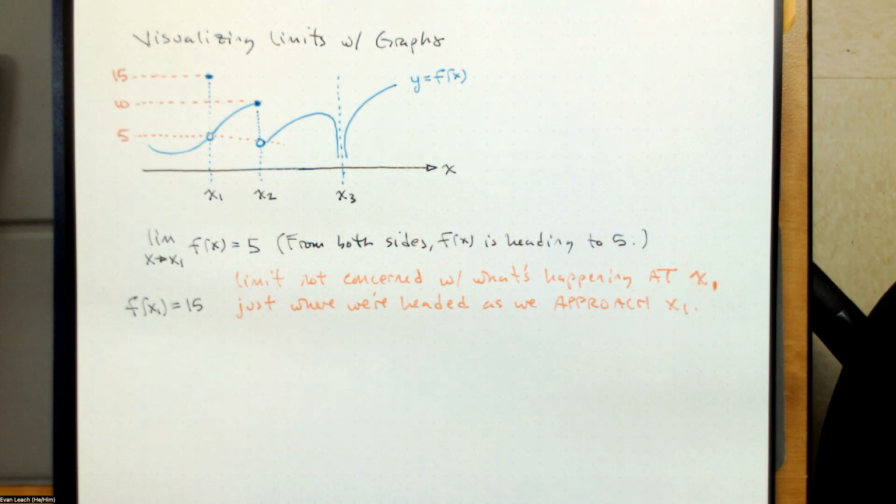Where we're headed and the actual value being different feels unexpected. It's like, oh, we're headed towards 5. Oh, but no, the butler did it, right? That seems out of nowhere.